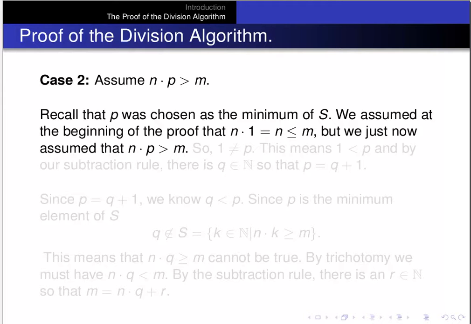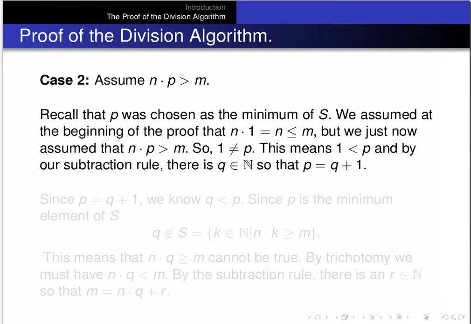So we have n times 1 is strictly less than n times p, which means that p couldn't possibly be 1. And since p is a natural number that's not equal to 1, it has to be larger than 1. So 1 is less than p. Now we can apply our subtraction rule again. Since 1 is less than p, the difference between them is a natural number. So we can say that there's a q in the natural numbers so that p is equal to q plus 1.